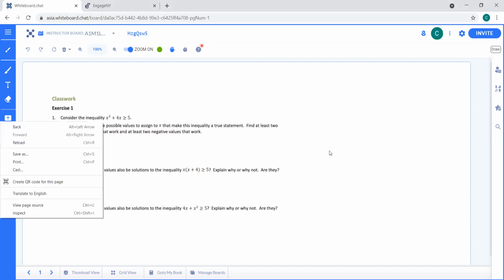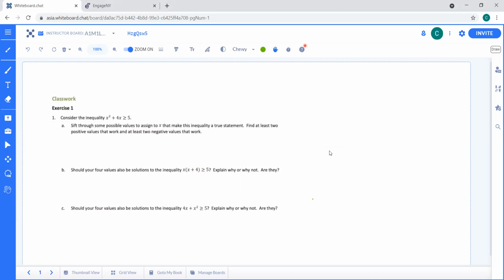All right, so to solve for this, we're going to simply set it up like an equation. I'll say x squared plus 4x greater than or equal to 5. Well, what can we do here to answer this?